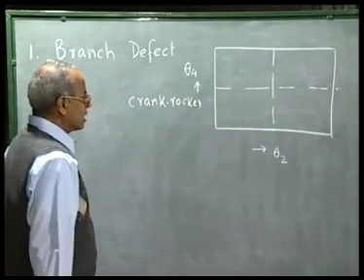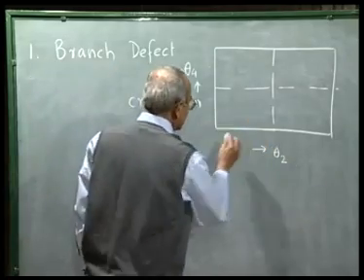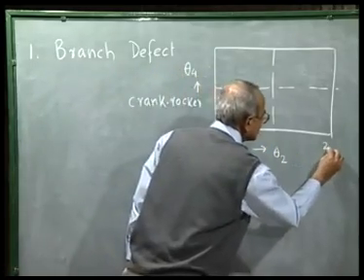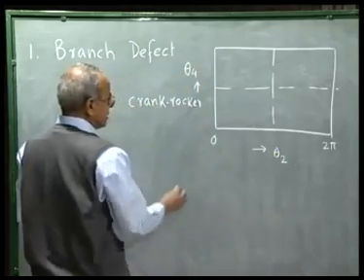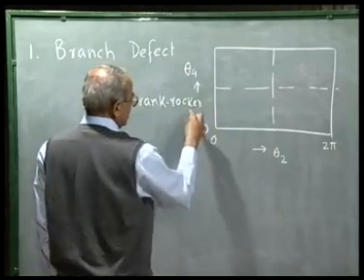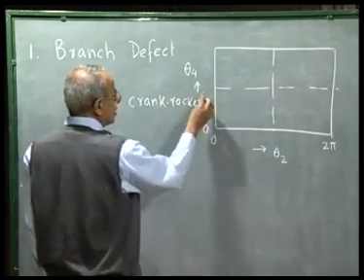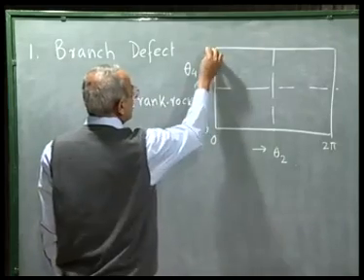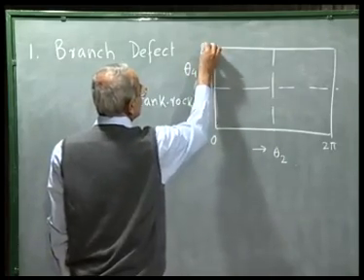If it is a crank rocker, then we know the input angle rotates completely, that is from 0 to 2 pi, whereas the output link rocker only rocks between 0 and pi or between pi and 2 pi.